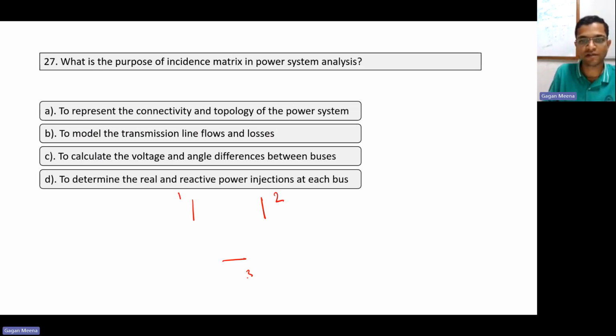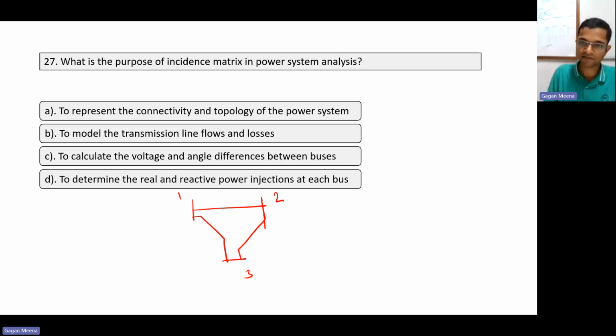Bus 1, bus 2, bus 3, 1 to 2, 1 to 3, and 2 to 3. For building this incidence matrix, we need to make an assumption on the direction of power flow or the connectivity.